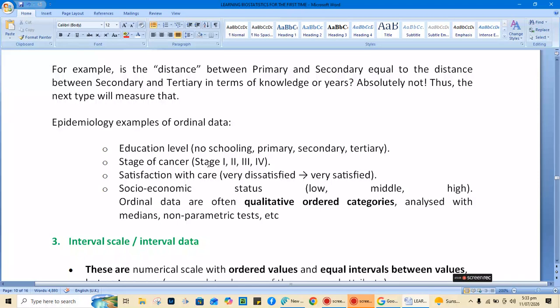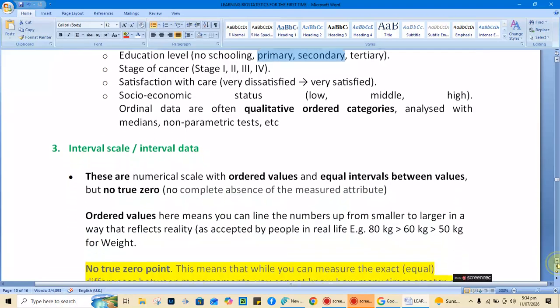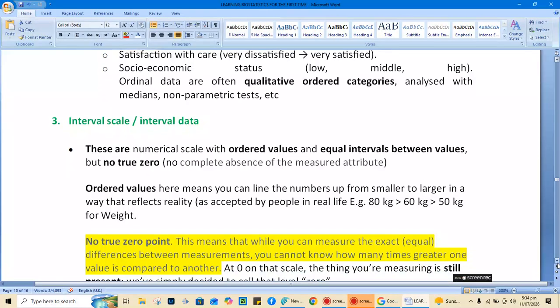Education level, you start with no schooling, primary, secondary, tertiary, but you can't say that moving from primary to secondary is easier compared to moving from secondary to tertiary, or that moving from secondary to tertiary is harder compared to moving from primary to secondary. You can't say that. You do not know the distance between those categories.